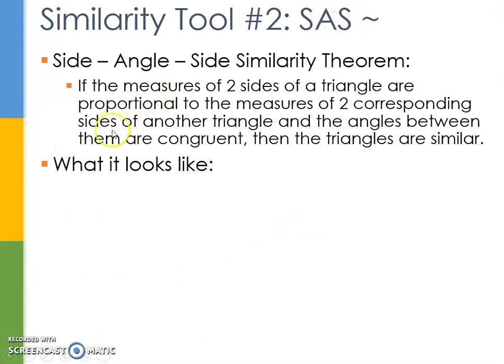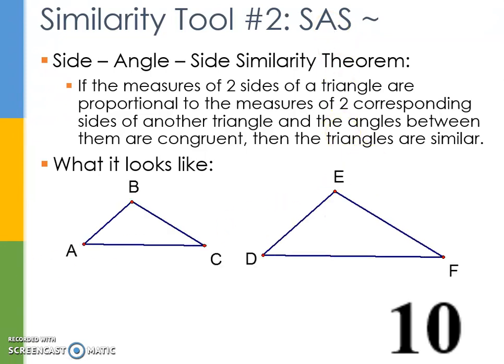Side angle side. The side-angle-side similarity theorem says if the measures of 2 sides of a triangle are proportional to the measures of 2 corresponding sides of another triangle, and the angles between those sides are congruent, then the triangles are similar. So this is how it looks.